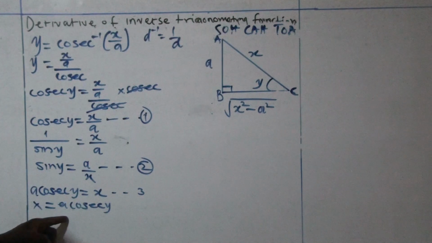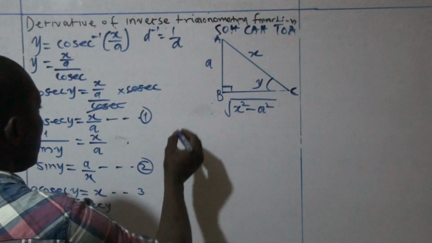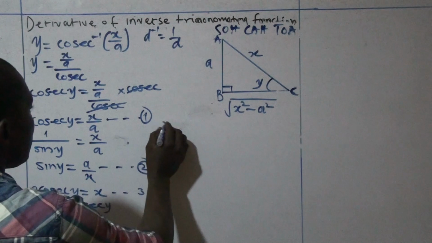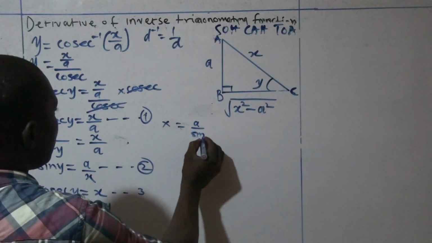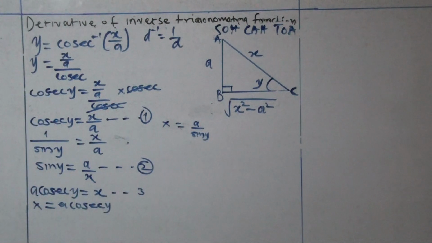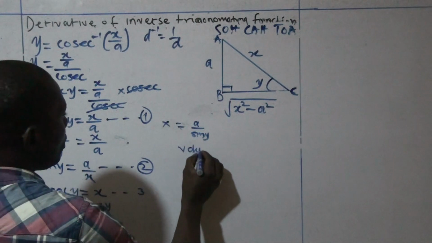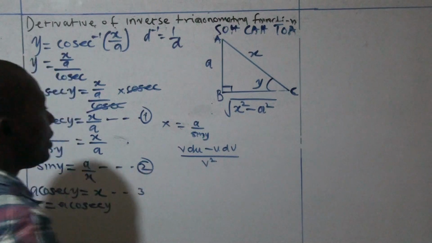Having obtained that, the next step is to differentiate equation 3. If we're going to differentiate equation 3, we will also establish the fact that x is the same thing as a over sine y. And for us to differentiate this expression, we're going to use the quotient rule, which is v du minus u dv all over v squared.